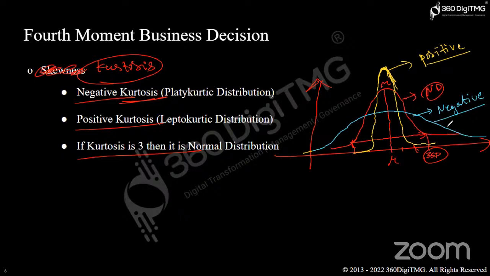For this, the sigma will be 1, and for the normal distribution it will be 2, and for negative it will be 3.